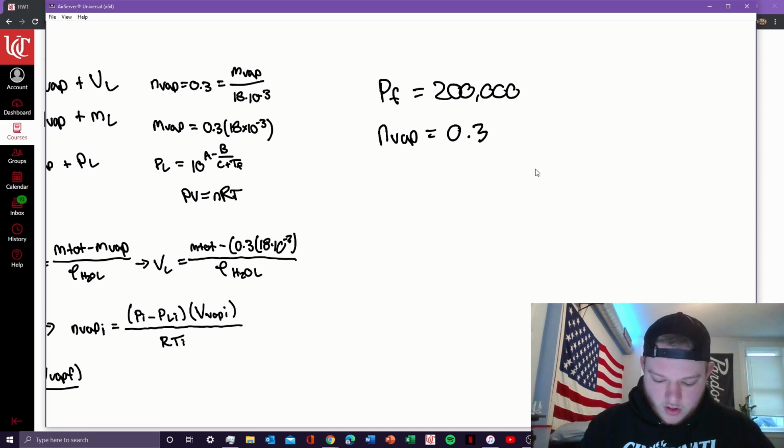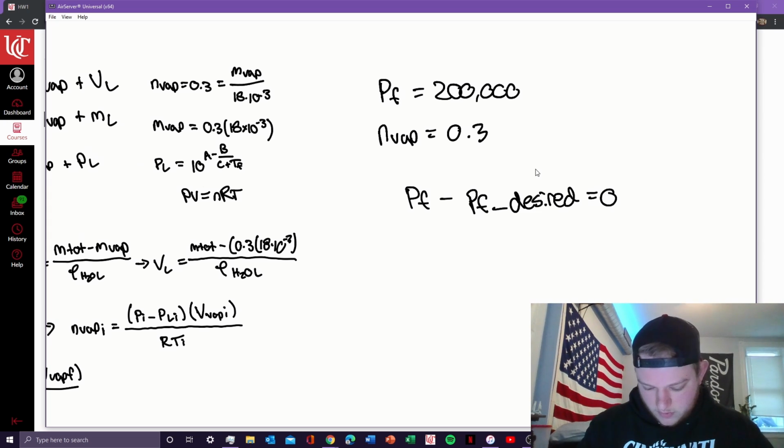So when we go to code, it is going to look like this. It's going to look like pressure final minus pressure final desired equals 0. It's not actually going to look like equals 0, but we'll explain as we get there. So that minus moles of vapor desired equals 0.